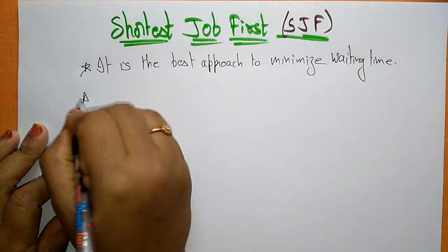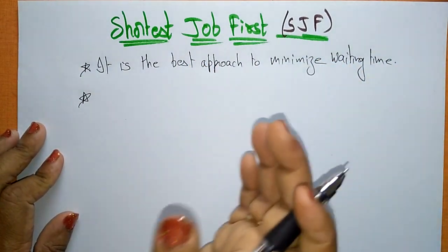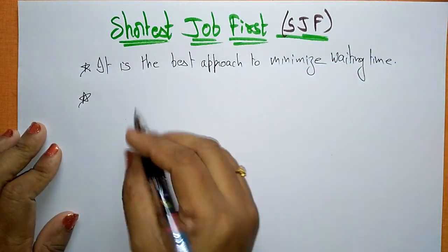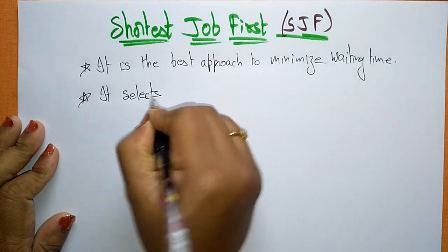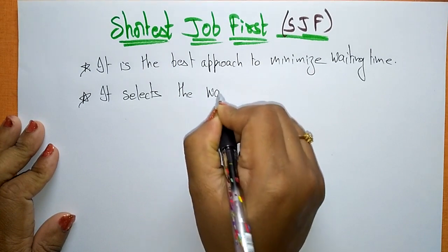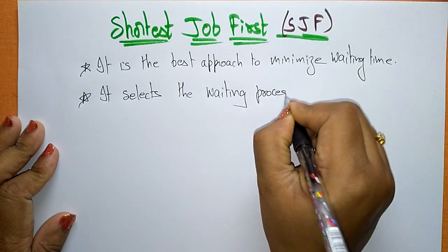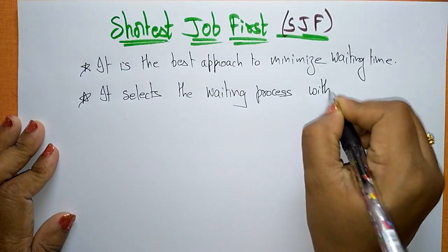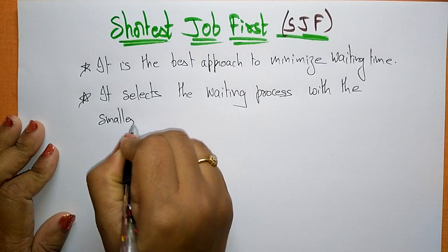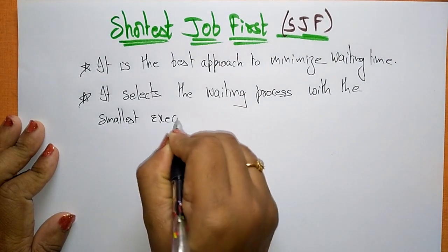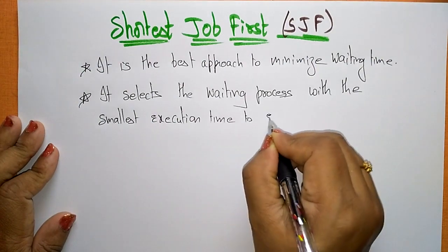The name itself indicates it: shortest job first, so it takes the smallest execution time to execute next. It selects the waiting process with the smallest execution time to execute next.